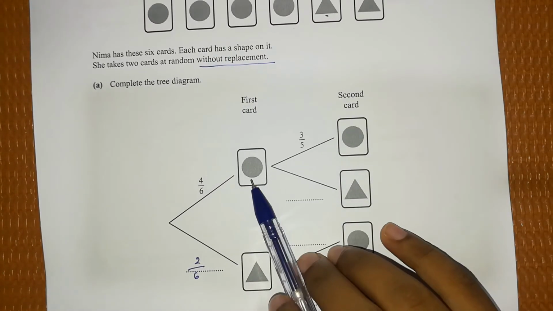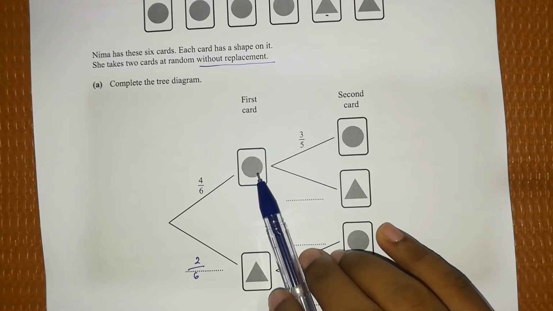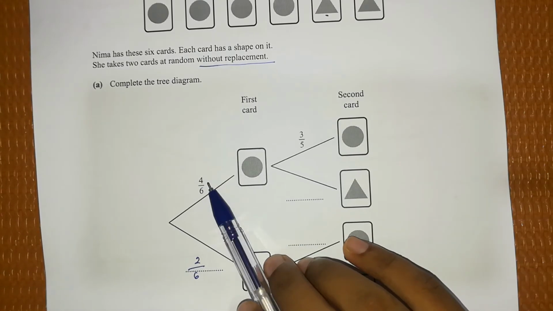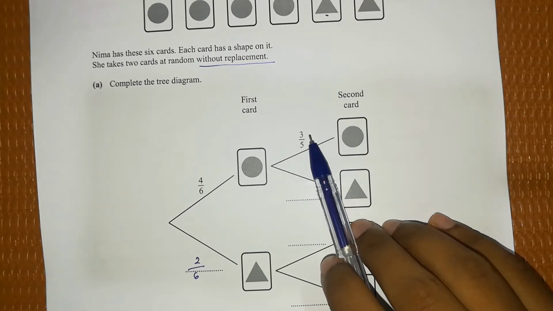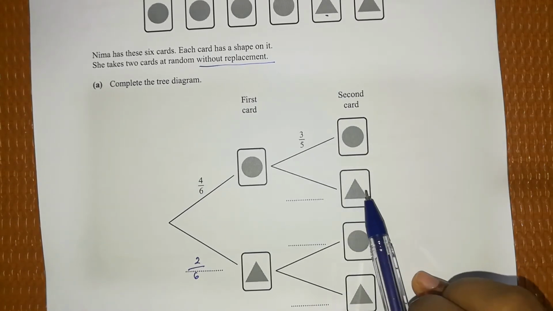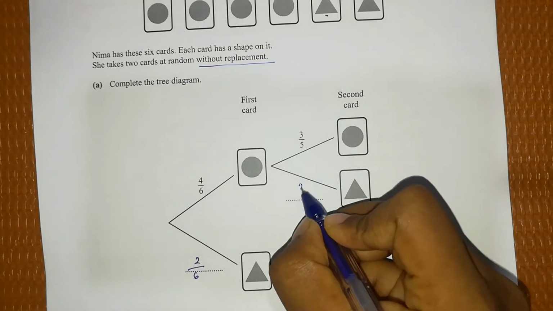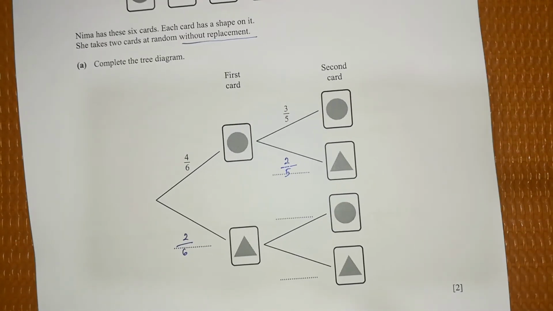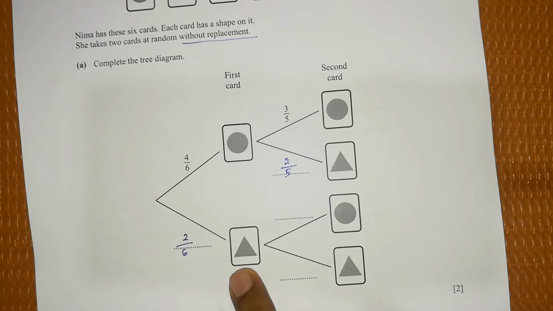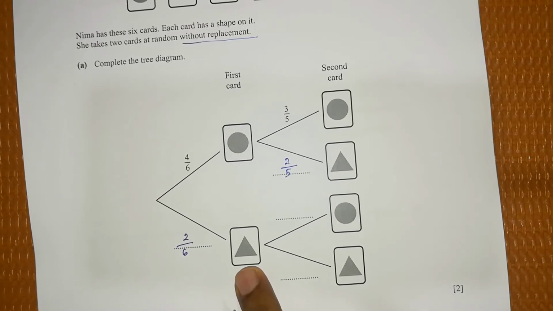Now this means her first card is a circle one. Then there were 4 cards. So for the second take, there will be only 3. But the number of these cards won't change. That is 2 out of 5. In this one, this means the first card is a triangular one.